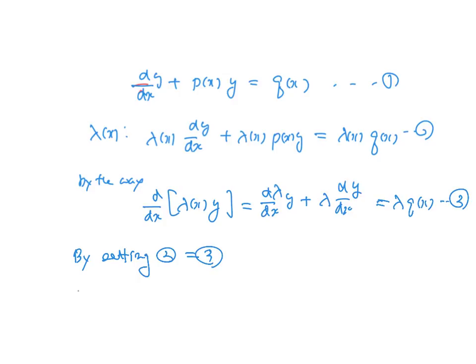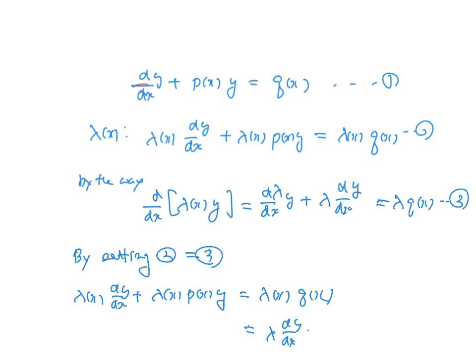We have lambda(x) dy/dx plus lambda(x) p(x) y, which is the same as lambda dy/dx plus (d lambda/dx) y, right? So these two cancel each other, and this has to be the same.